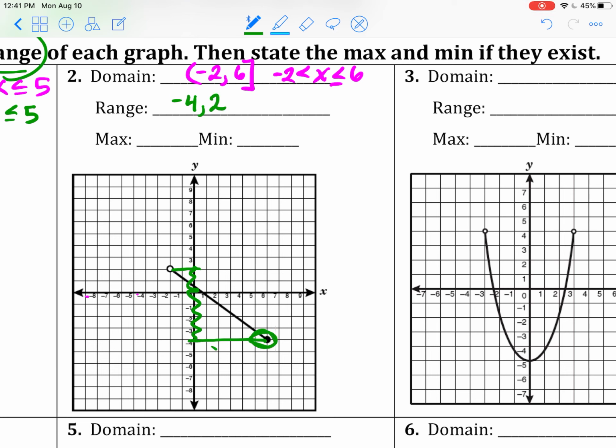The -4 has a closed circle, so bracket. The +2 has an open circle, so parenthesis. The max would be 2, and then the min would be -4.